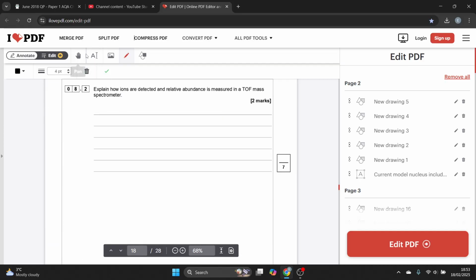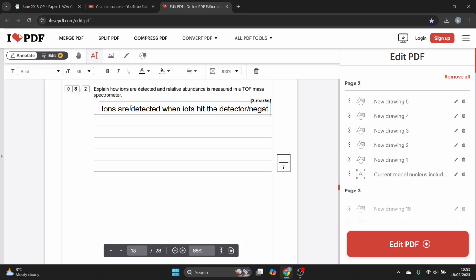Explain how the ions are detected and relative abundance is measured. Ions are detected when ions hit the detector / negative plate and gain an electron.